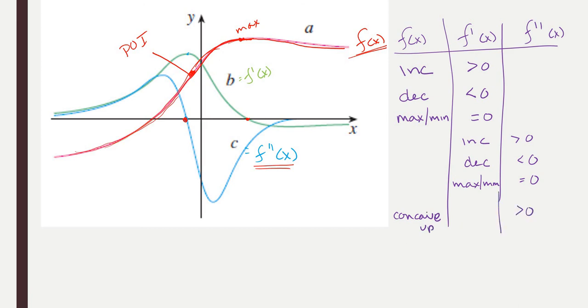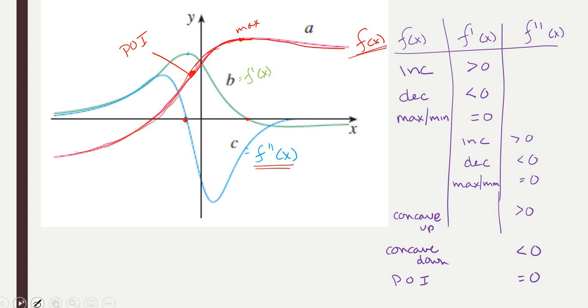These don't necessarily have to happen at the same time. But if we look at our original function and it's concave down, f double prime is less than 0, and if we have a point of inflection on our original function, then f double prime equals 0. We're going to do lots of practice on this. Okay?